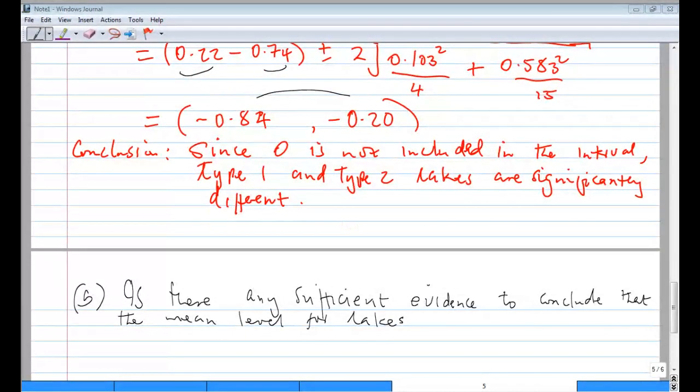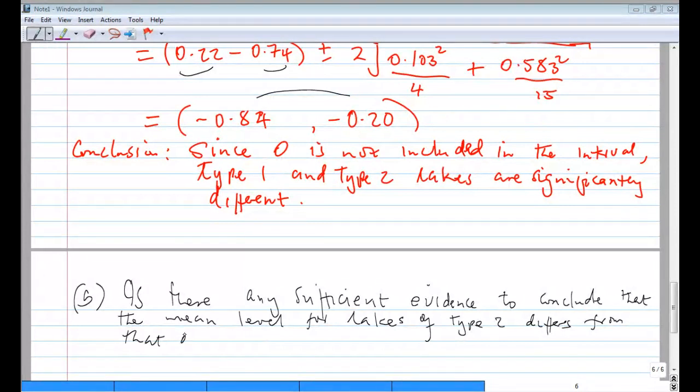Levels for lakes of type 2 differs from that of type 3.